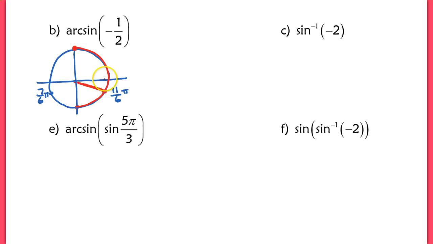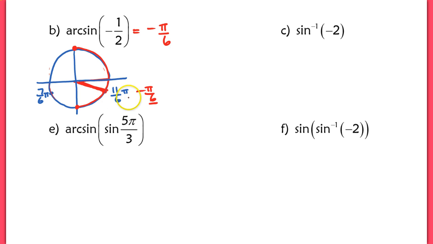So this angle, 11 pi over 6, means you're going all the way around and you end up with this angle measure here. Well, that's the same as this angle here, which is negative pi over 6. Negative pi over 6 is within our range of negative pi over 2 to pi over 2. So the arc sine of negative 1/2 is negative pi over 6.